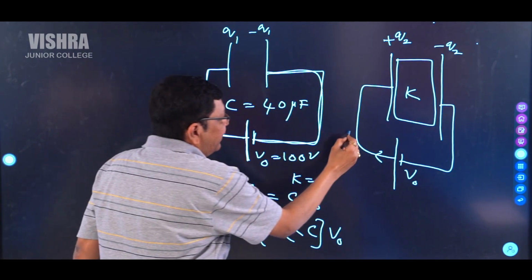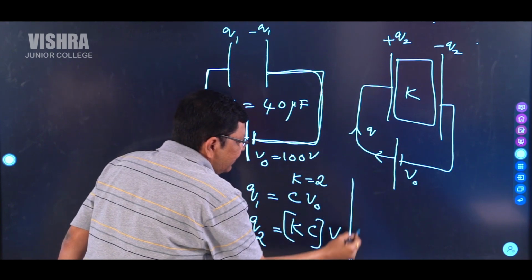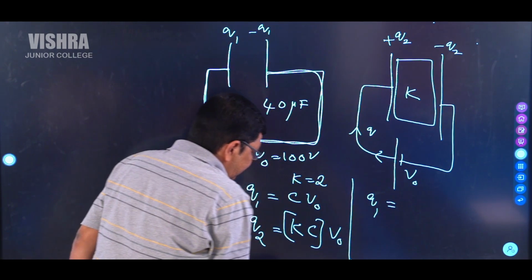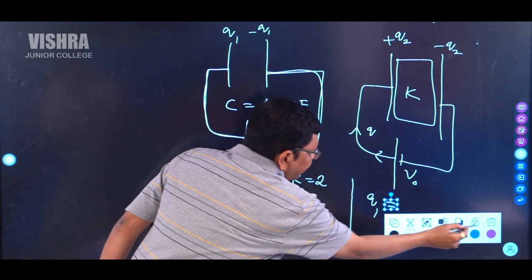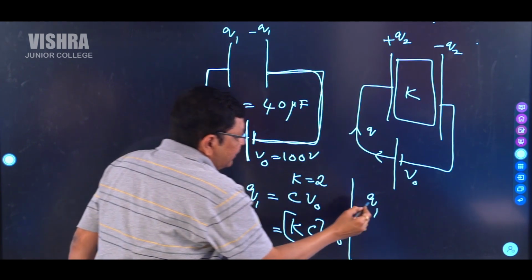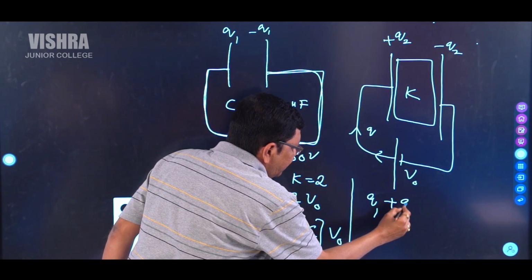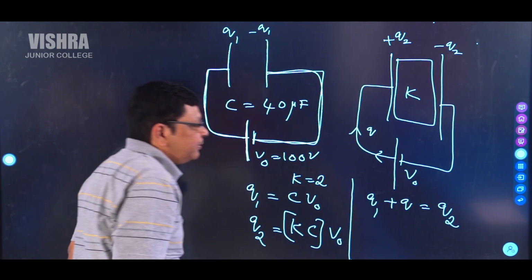If the battery supplies an extra charge Q, then the initial charge on the capacitor plus the extra charge sent by the battery is equal to the total final charge on the capacitor.